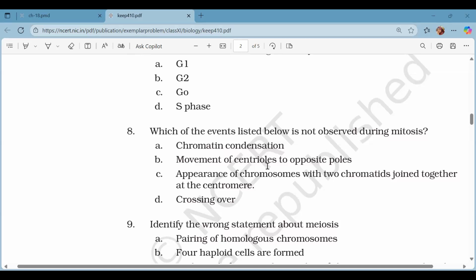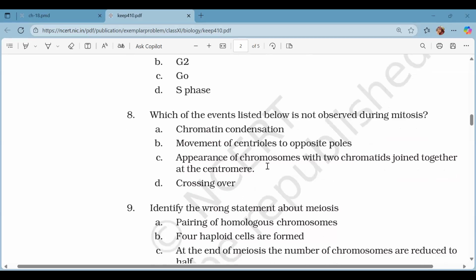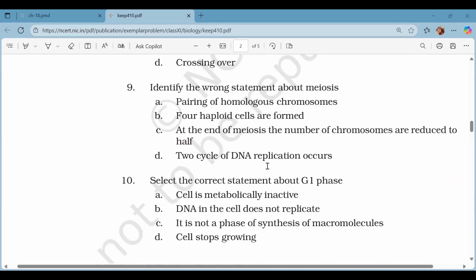Ma'am, can you repeat your question? I'm saying this crossing over process takes place at which stage? It takes place during the pachytene stage of prophase 1 of meiosis.